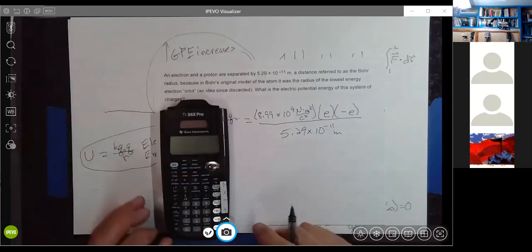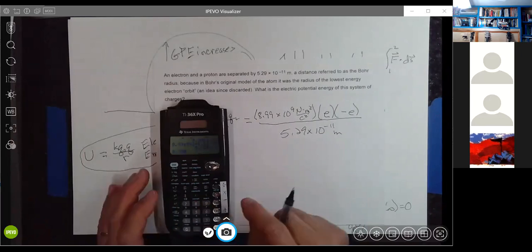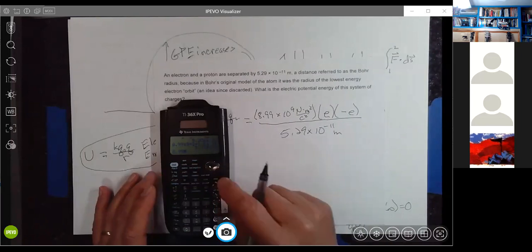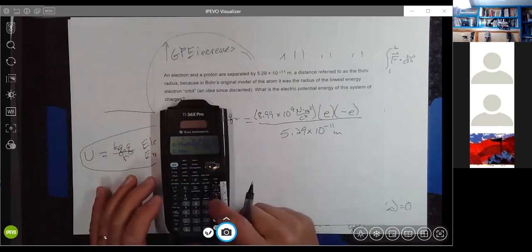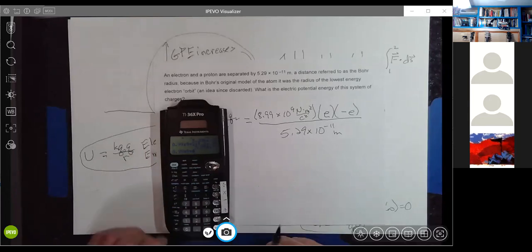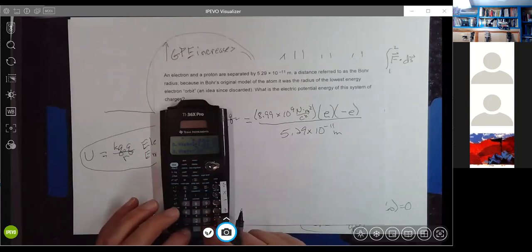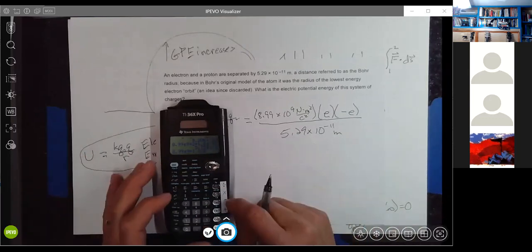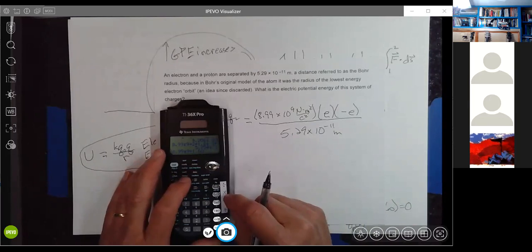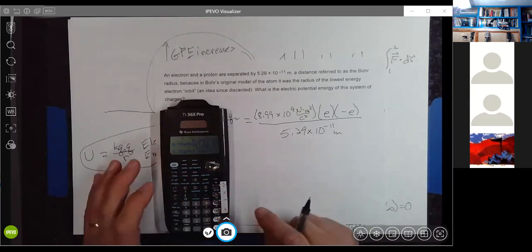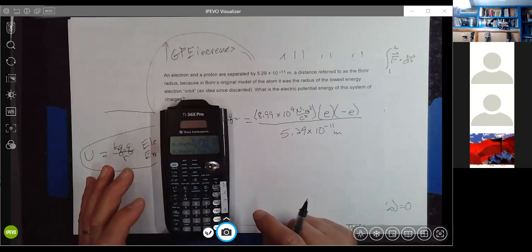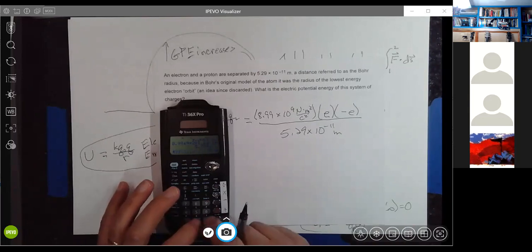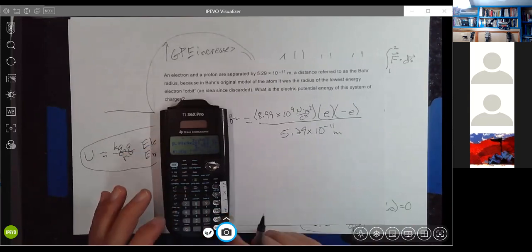So let's see what we get. 8.99 times 10 to the 9th, times 1.60, it could be 1.602, but I'll just go with 3 sig figs, times 10 to the minus 19th, squared, because there's 2 of them, and then divide by 5.29 times 10 to the minus 11.